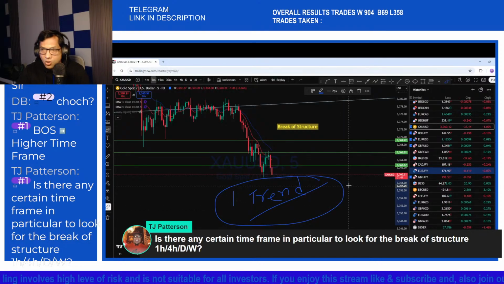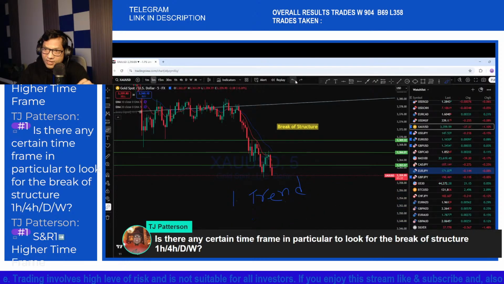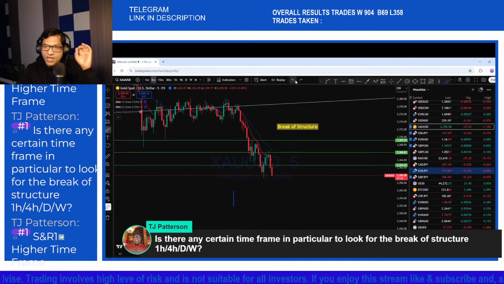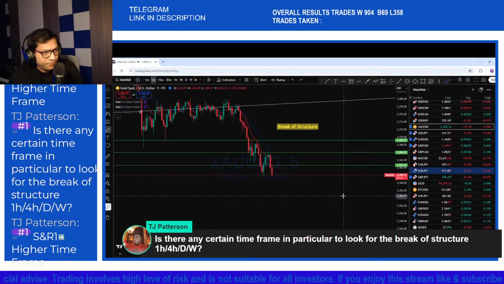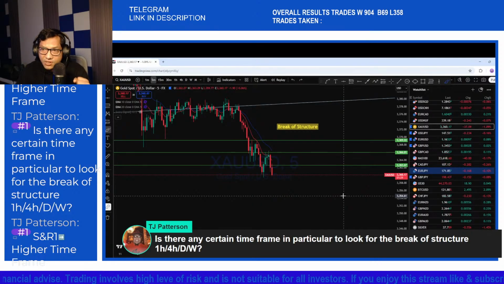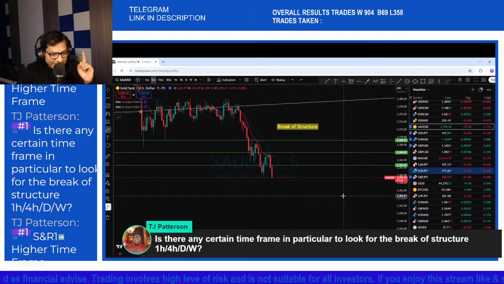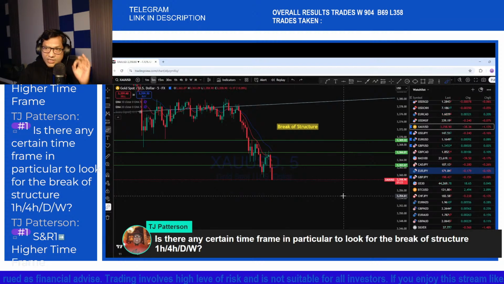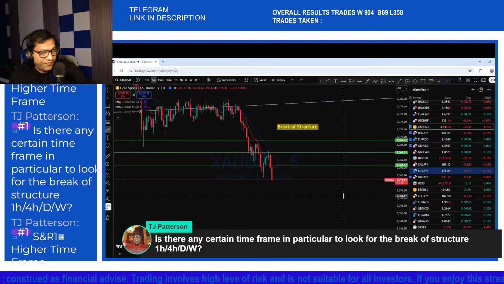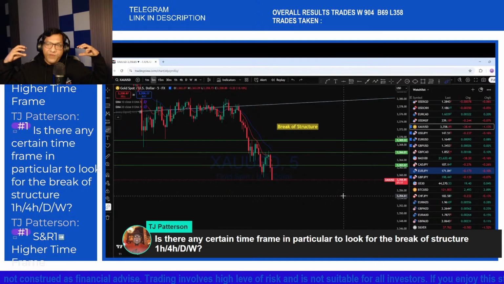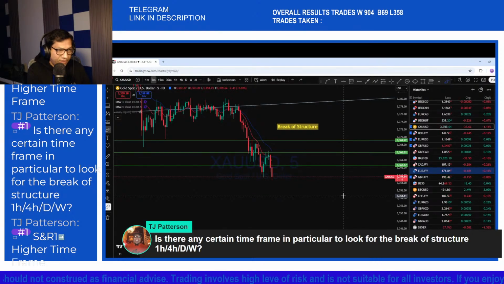And then once your trend is confirmed, you understand the direction of the trend from the higher time frame and from the lower time frame. Once you have the directional confirmation about the trend from the higher time frame, you need to fuse it, synchronize it together with the lower time frame.